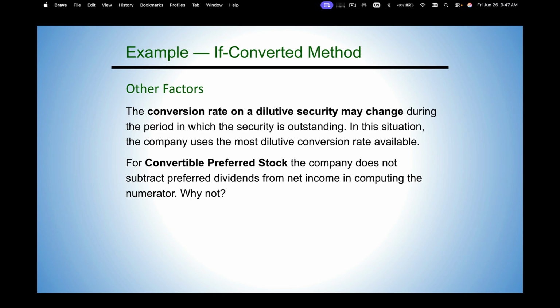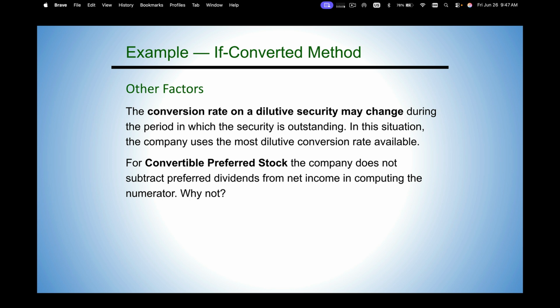Some other details that you need to consider: sometimes the conversion rate can change during the year. If that happens, we use the most dilutive one, the one that converts into the most shares.